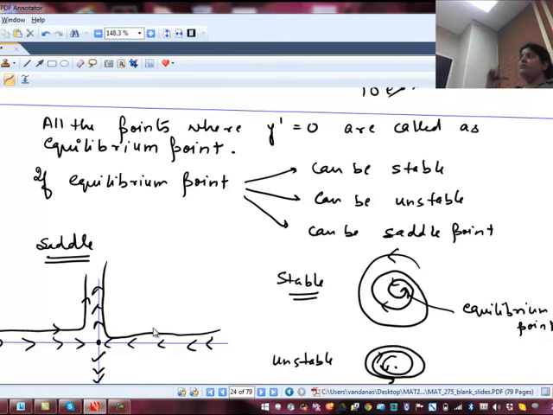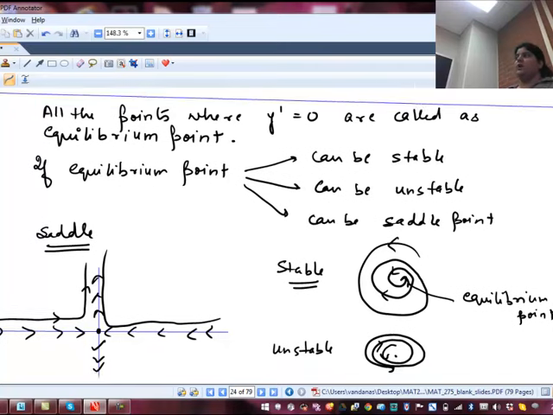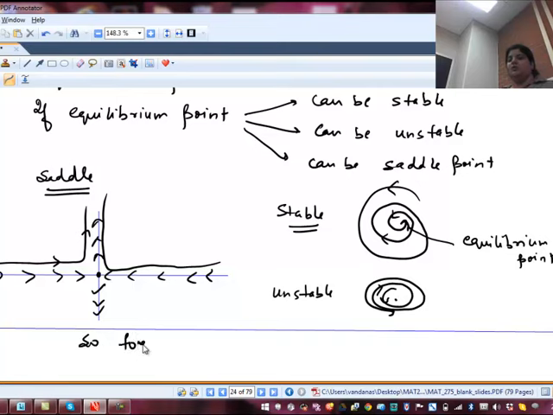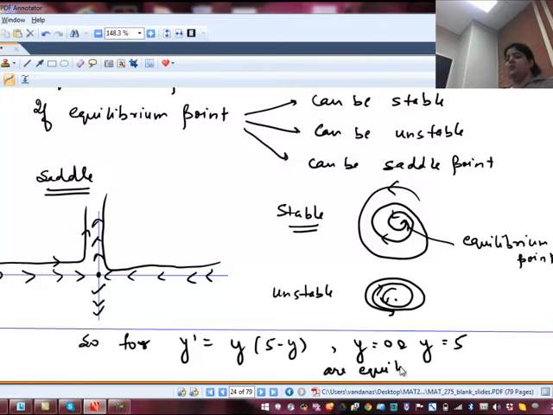Now in the above previous differential equation, if y equals 5 and y equals 0 are equilibrium points, then what are they? Are they stable or are they unstable? So for y prime equals y times 5 minus y, y equals 0 and y equals 5 are equilibrium points. We want to understand whether y equals 0 is stable or unstable.